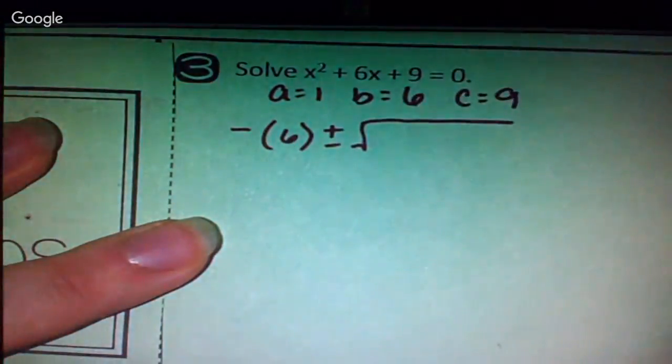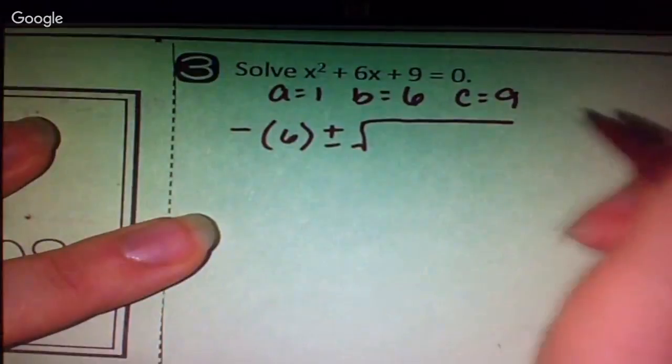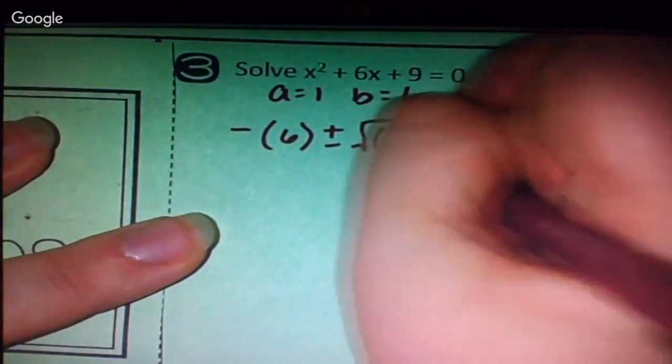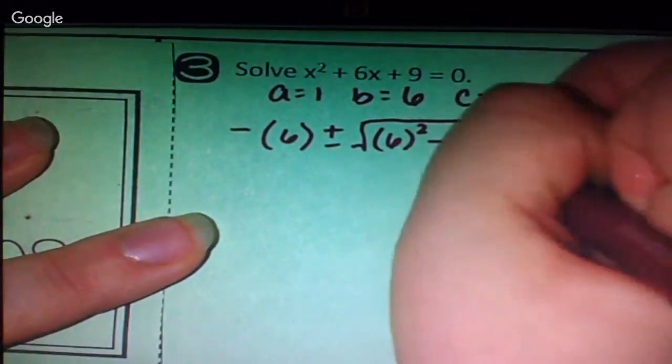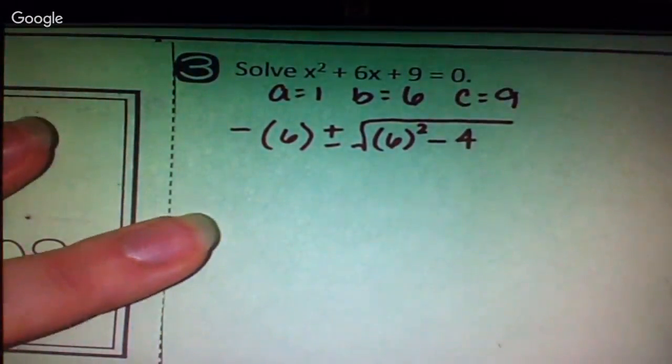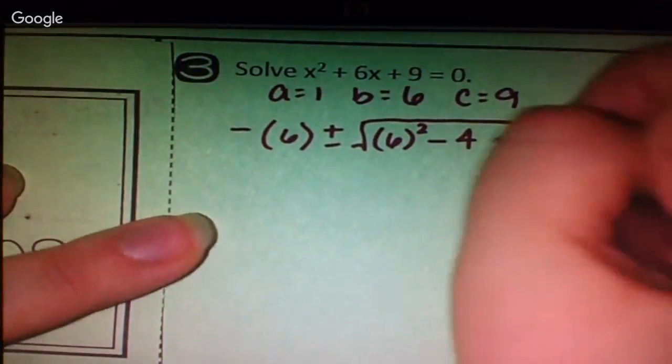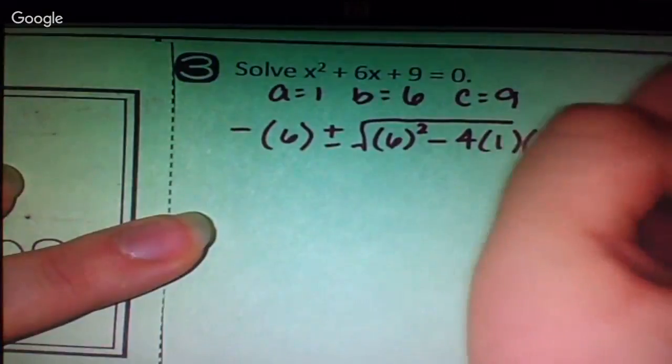We start with the 6. Plus or minus the square root. 6 squared. Minus 4. Guys, stop talking and pay attention. 0. 1 and 9.